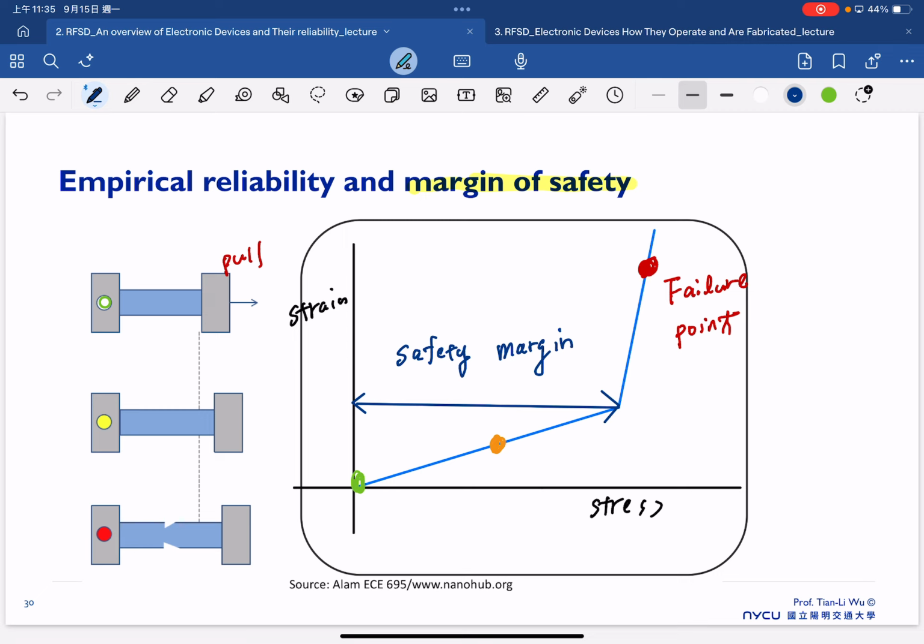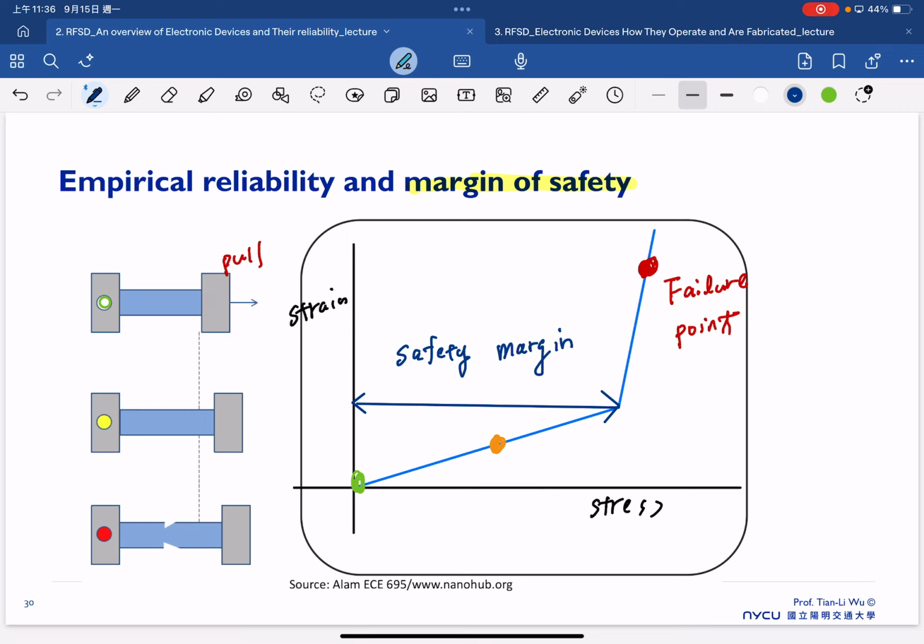This is a very simple case when we just pull the string until the breakage, and then we tell our customer that no, you cannot break it. Pull such large stress, you have to limit yourself to a certain stress.